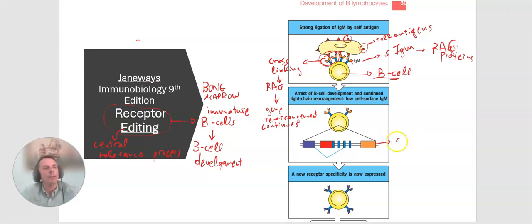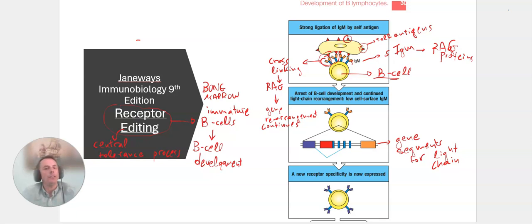In the second panel, you see the gene segments for the light chain. Now, these secondary rearrangements can rescue the immature self-reactive B cells by deleting the autoreactive receptor and replacing it with another sequence.